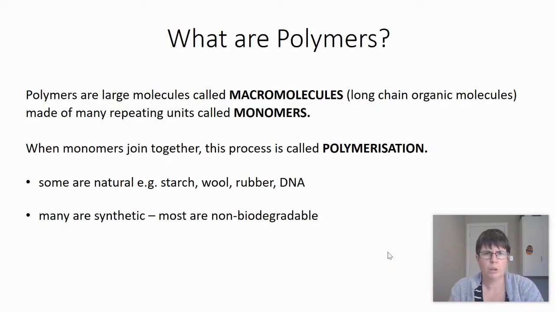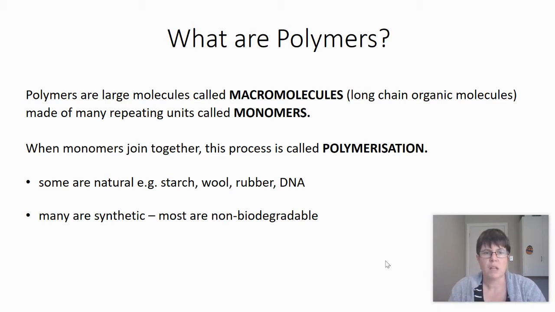So what are polymers? Polymers are large molecules called macromolecules. That's because they're very, very long chain organic molecules made up of hundreds or thousands of atoms joined together in big long chains. They are made up of repeating units called monomers. When the monomers join together, this is called polymerization.